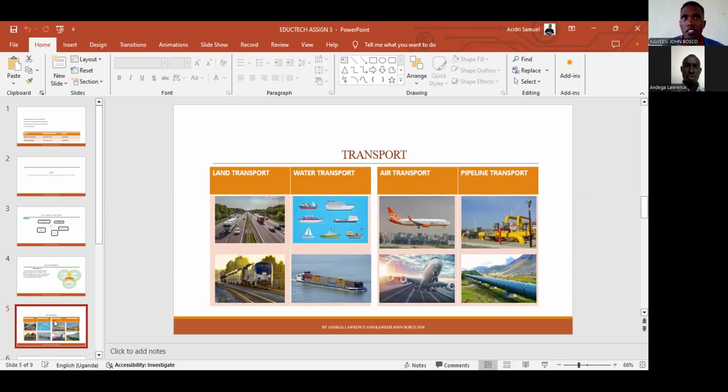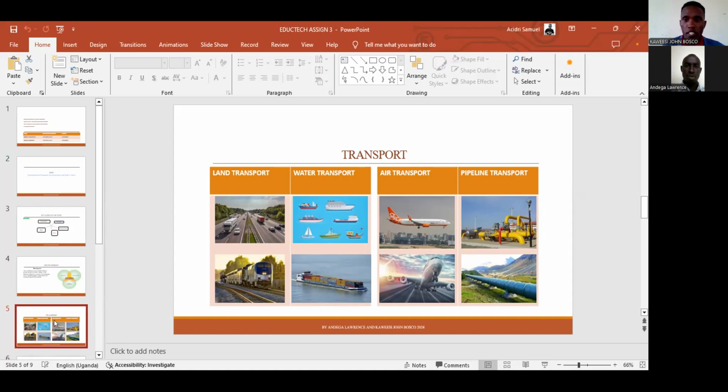These are events, things that can move from one place to another. Our emphasis will be on Africa, how people move from one place to another in Africa by using a lot of different means. We are going to look at the different types of transport.